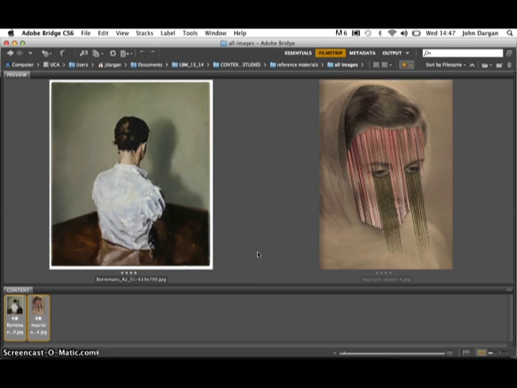Obviously it's got to be interesting to look at, it's got to fulfil those criteria, and I think both of these images are interesting to look at, especially because they're basically working on the idea of the portrait, but they've played around with it in a very intriguing and mysterious way, so you're looking at them and trying to work them out.